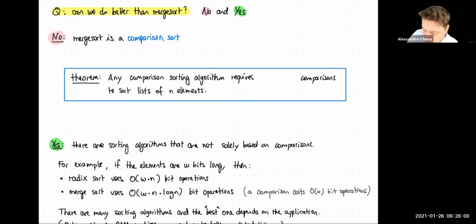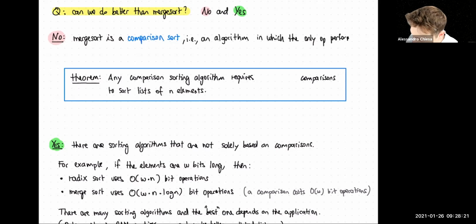Let me write it down, using a different color. It is an algorithm in which the only operation performed on the inputs are comparisons.